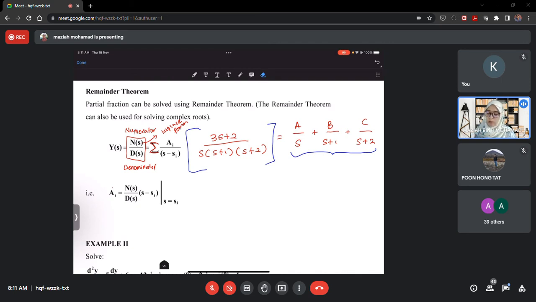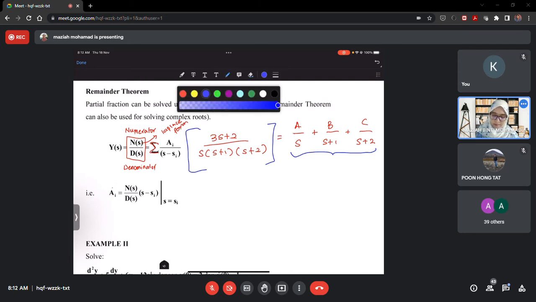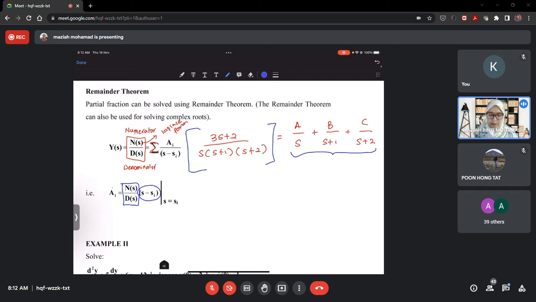Alright, so in order to determine Ai, you can see that numerator over denominator will multiply with the denominator of Ai, which is S minus Si.